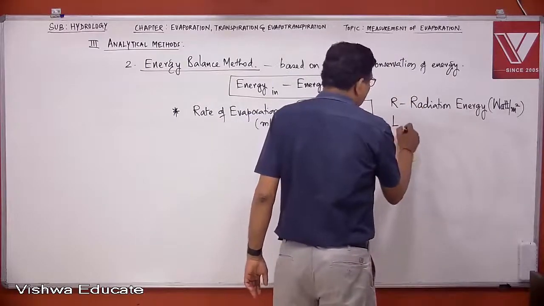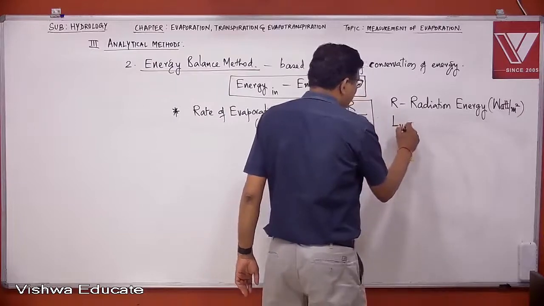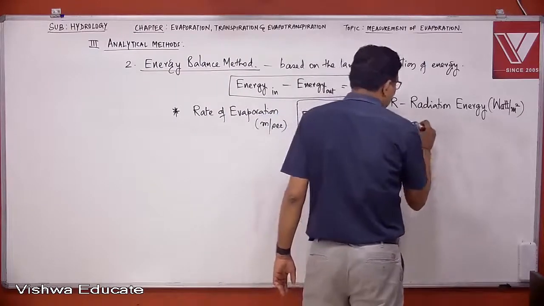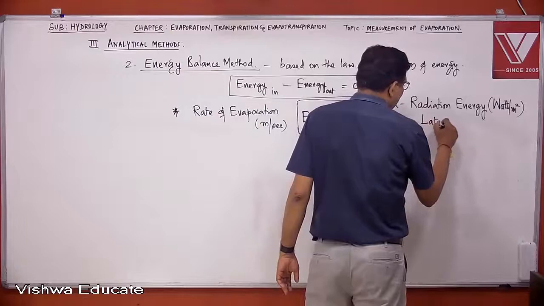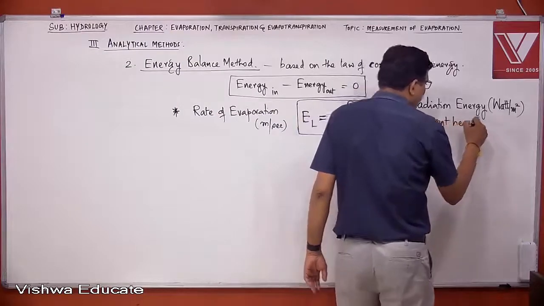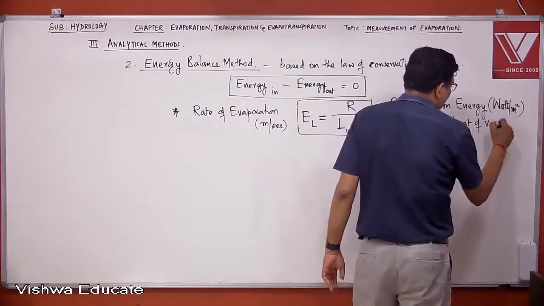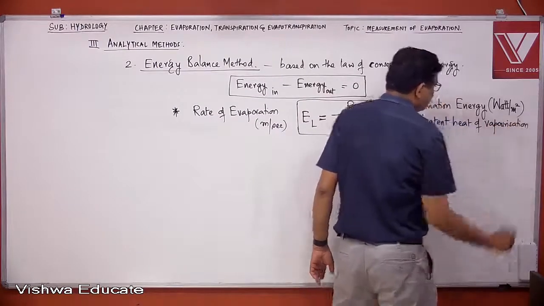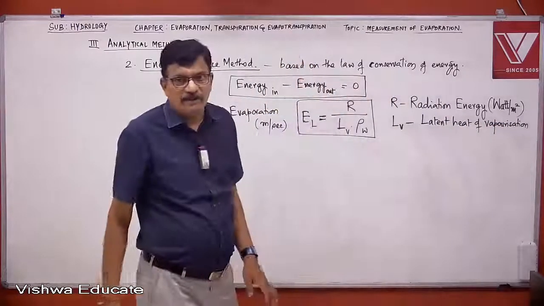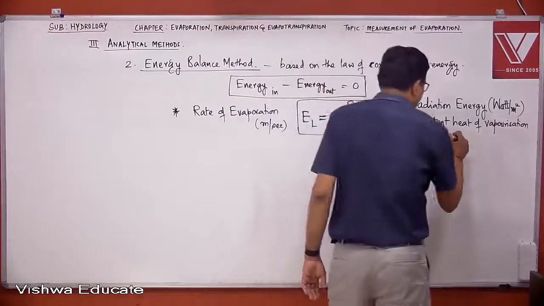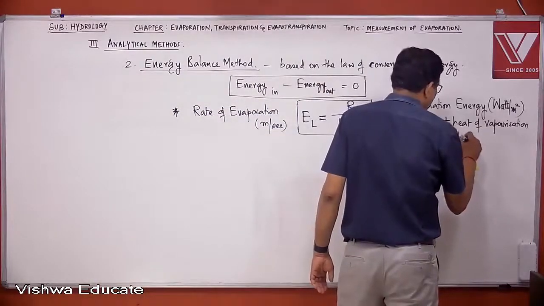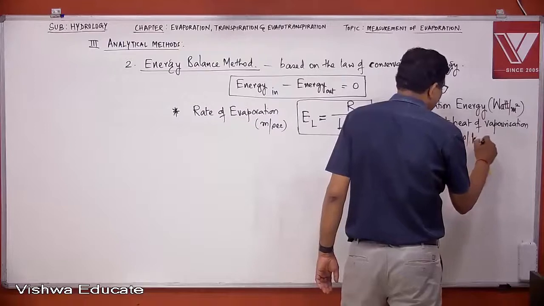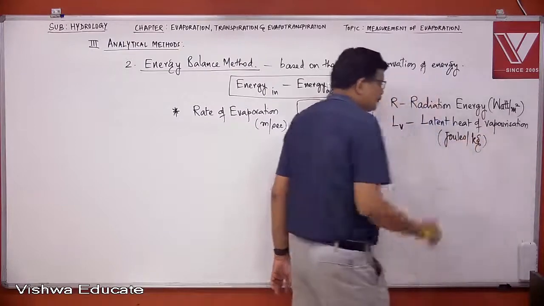This L, I'll write V here, is nothing but the latent heat of vaporization. The units specified are joules per kg.